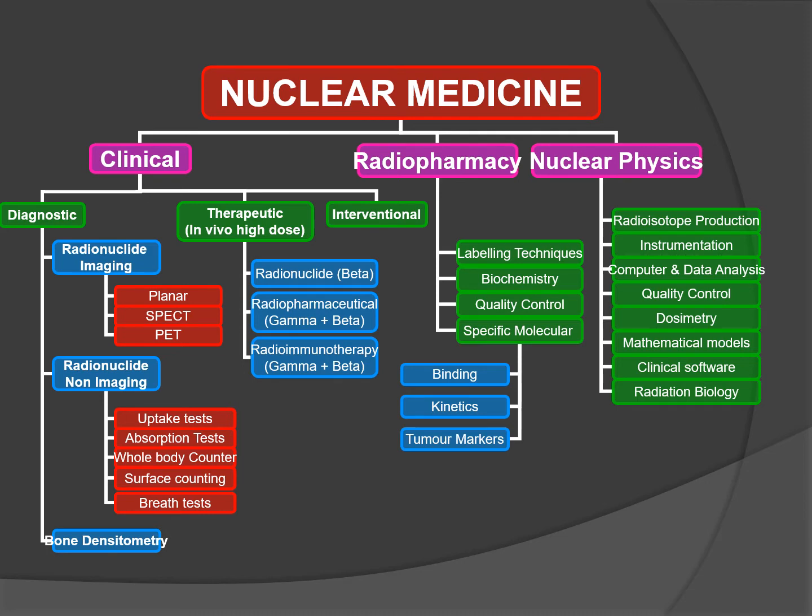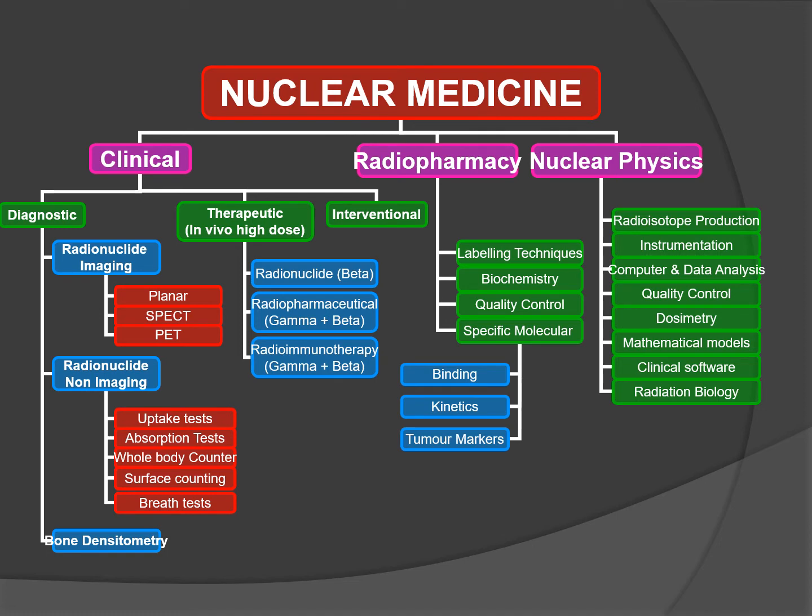And this three fraternities are very important, because for the clinical part, you want to see the use of this nuclear medicine study, and the radiopharmacy makes sure that all the labeling techniques and all the radiopharmaceuticals are prepared accordingly before we inject them into the patient.